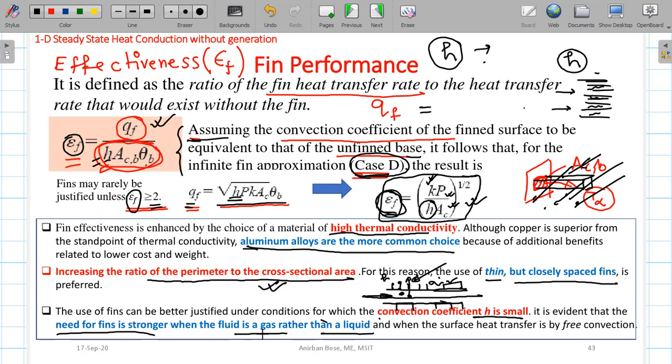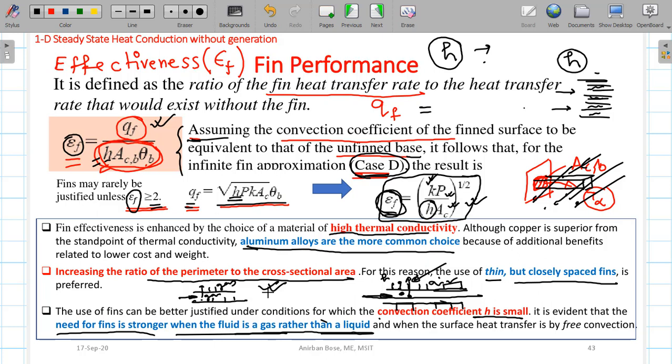So that is mentioned here, that fins are on the gas side with respect to the liquid side. And if the situation is such that there is a pipe, and through the pipe some gas is flowing, and outside also it is gas, and heat is required to transfer from gas to gas, in that case maybe on both sides, both the inner side and the outer side, fins are justified.